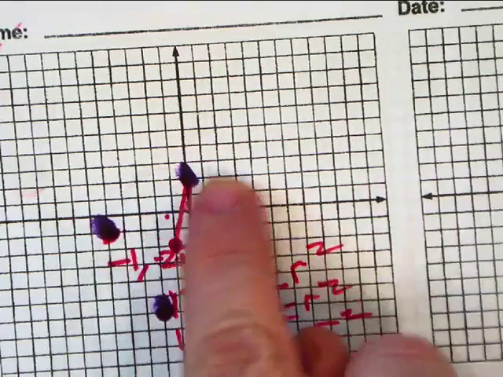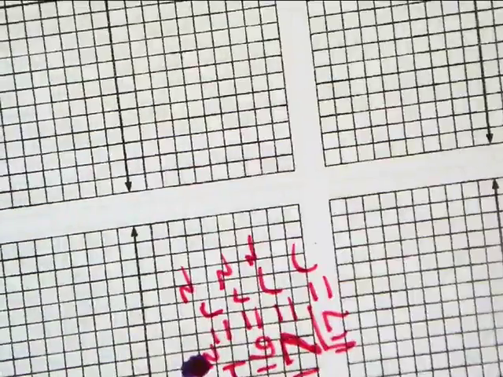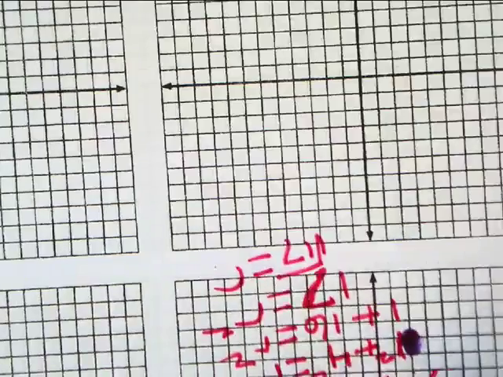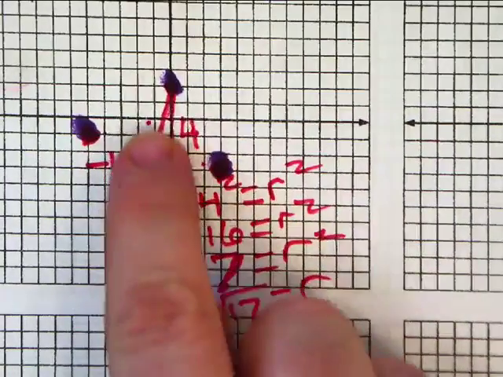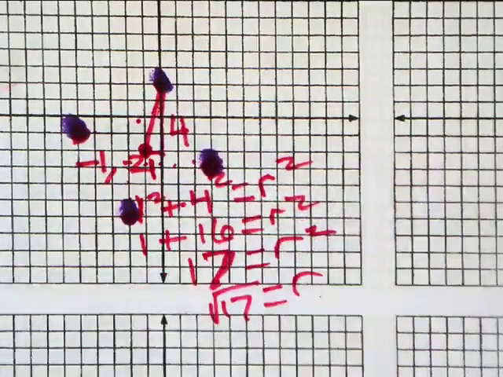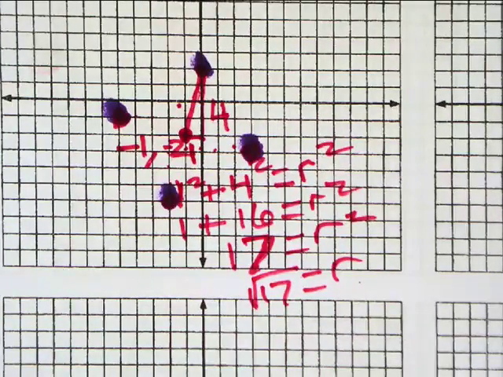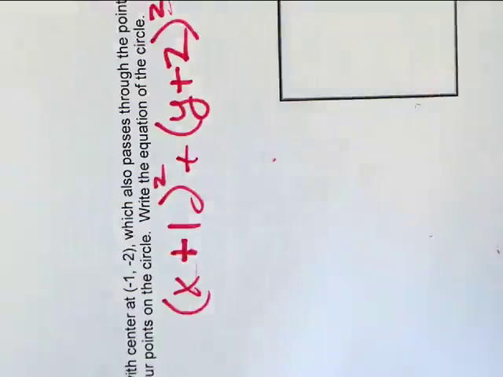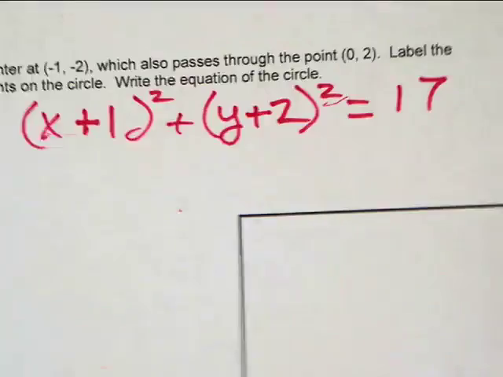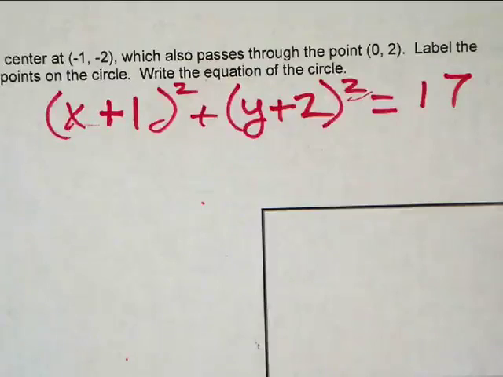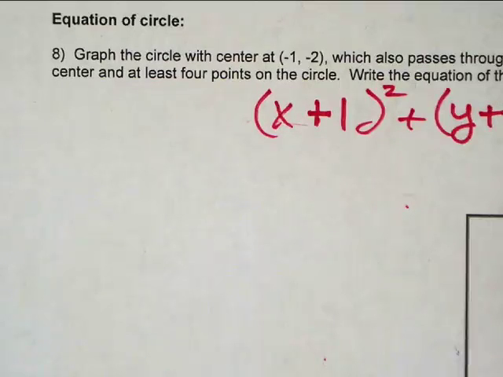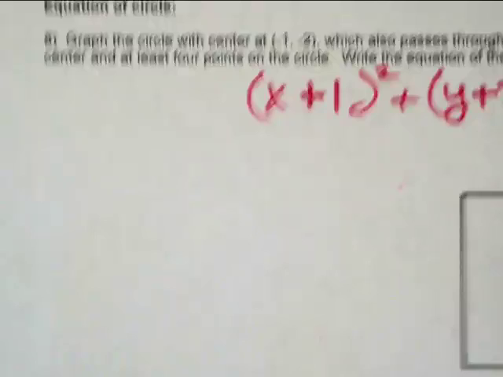You know, rises 4 over 1, rises 4 over 1, and so on. So just follow the same slope on the line each 90 degrees, and that gives you the distance that you need for the circle. So there's 4 points on the circle. Okay, so we got the equation, we labeled the center, and 4 points on the circle.